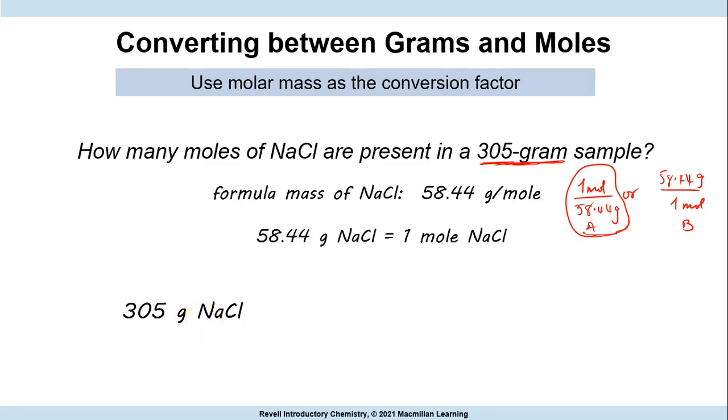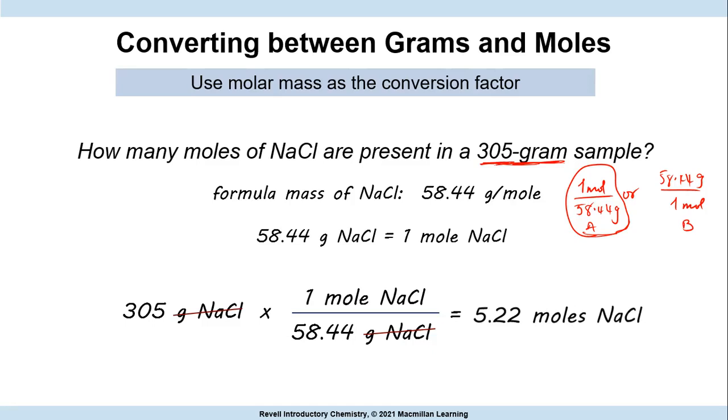So we multiply by 1 mole over 58.44 grams. The grams of sodium chloride cancel out, and we now have moles of sodium chloride. We were asked how many moles, so that gives us 5.22 moles of sodium chloride.